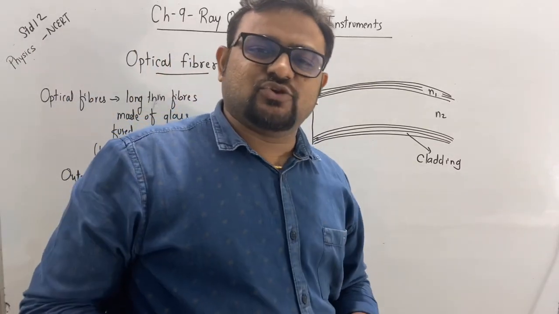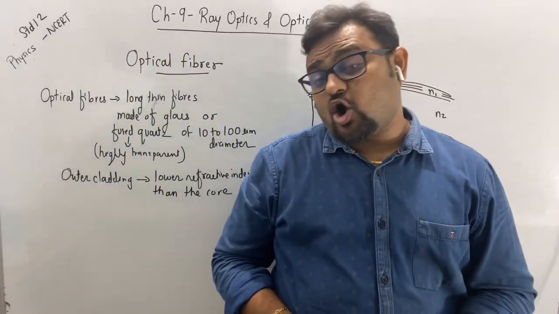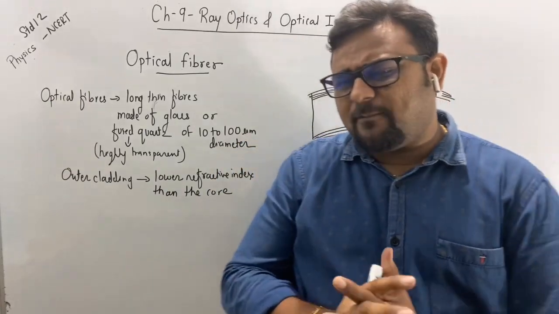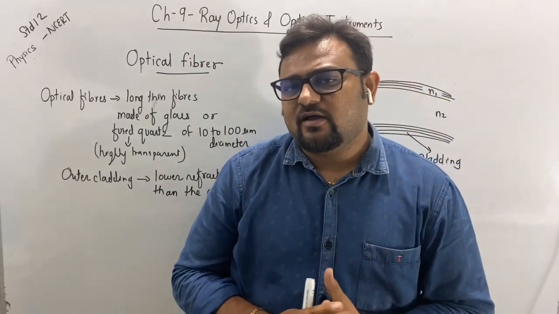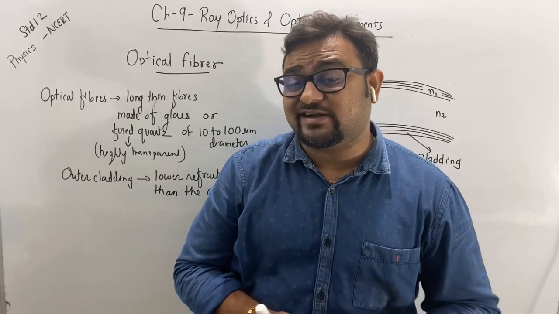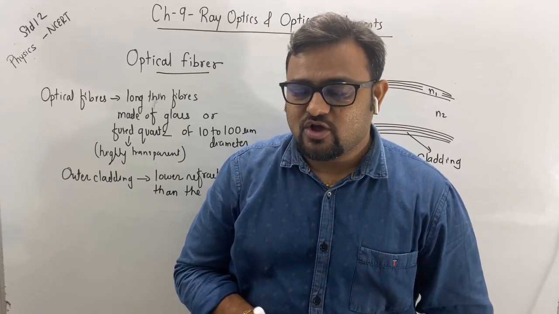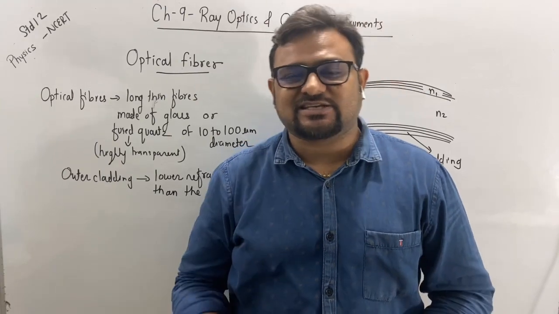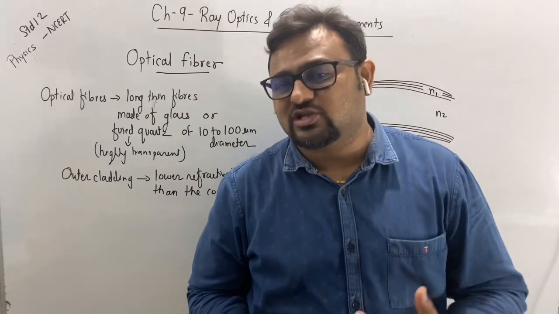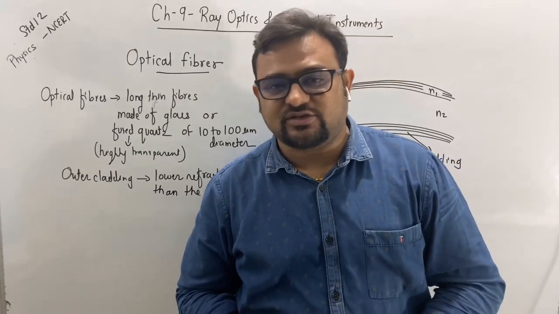Its next use is in optical fiber. Now see, students, the main use of optical fiber is in communication, I would say telecommunication. For transmitting and receiving signals, optical fiber is mostly used in telecommunication.